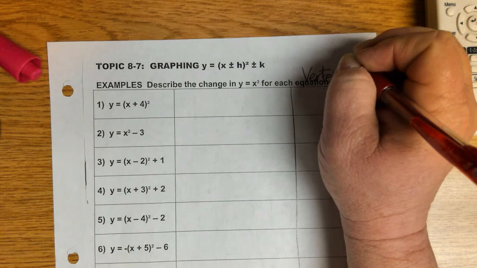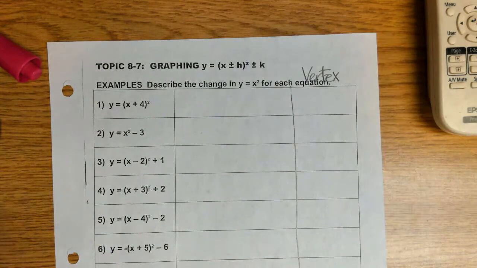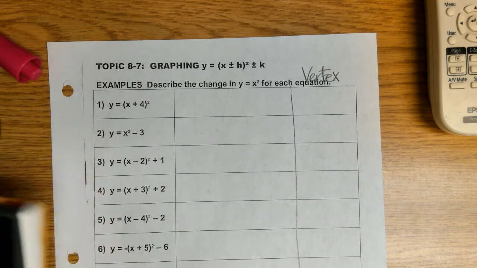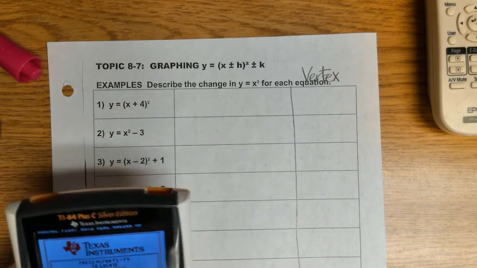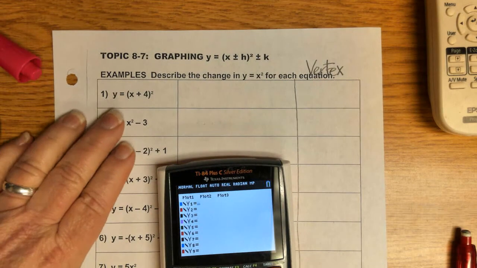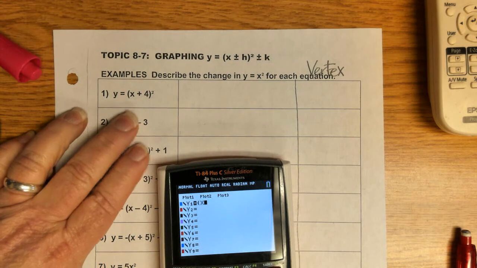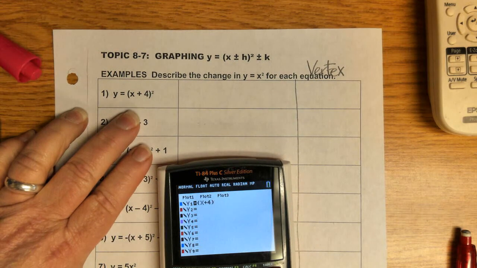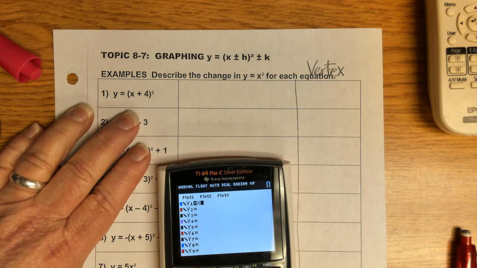Okay, so here are some examples. Describe the change in y equals x squared for each equation. So we are going to go to our y equals, and under y1, I'm going to put in our x squared.